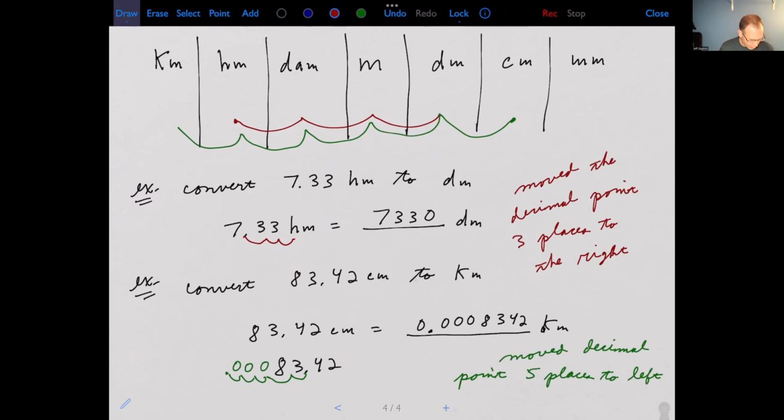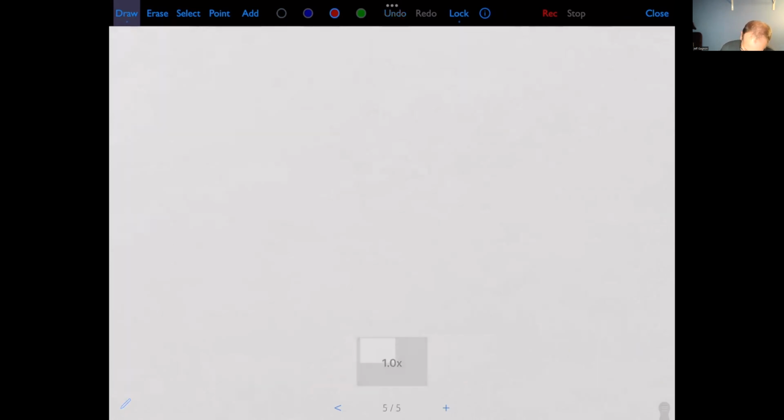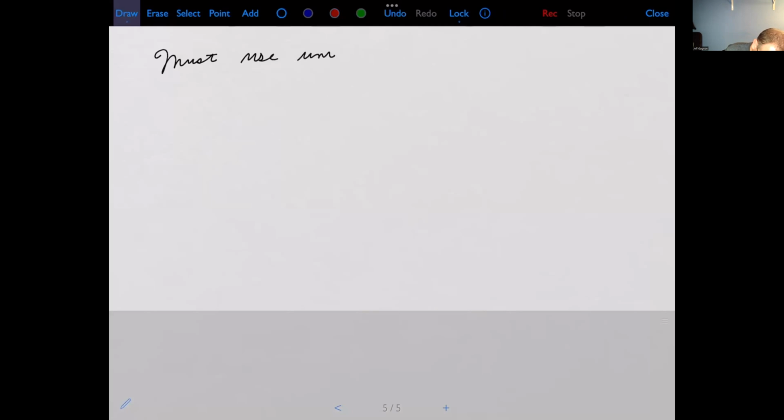Let's say we want to convert between metric and English units. So I'll just write, you must use unit conversion factors to convert between metric and English units.